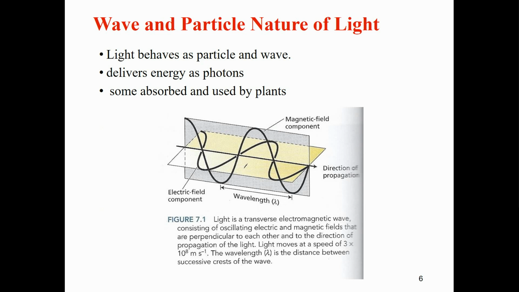Now we know that the light delivers energy in the form of photons to plants, and only some of the photons absorbed are used by plants. Remember, 0.1 to 8%. That was when my cameraman forgot to switch my cue cards.